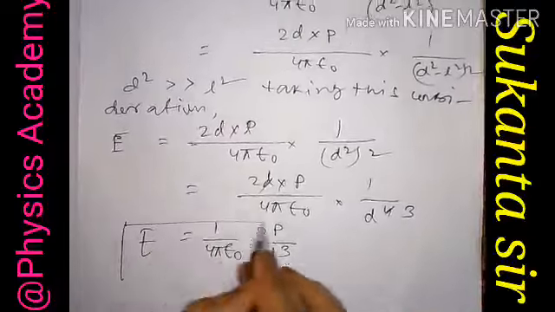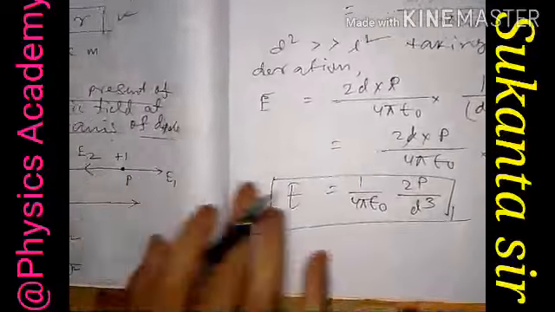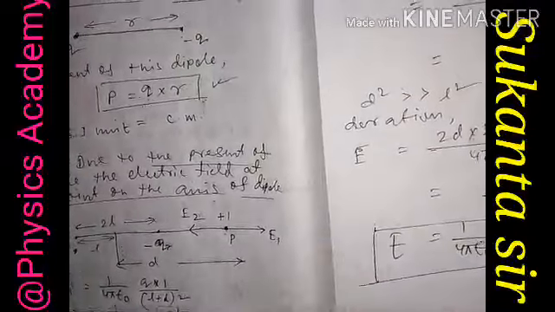It is the electric field intensity at a point on the axis of the dipole.